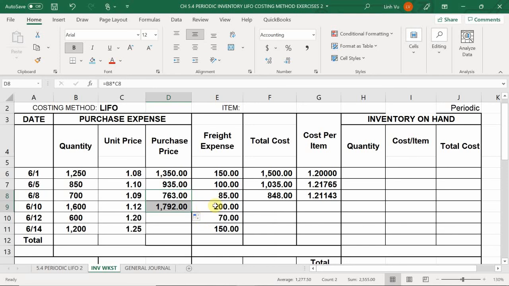Okay, plus $200 is going to give me $19.92, which then gives me my cost per item to be $1.25. Okay. So again, if you extend it, it's going to be 1.245.